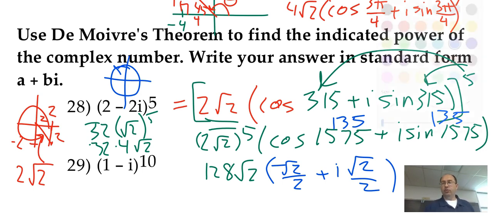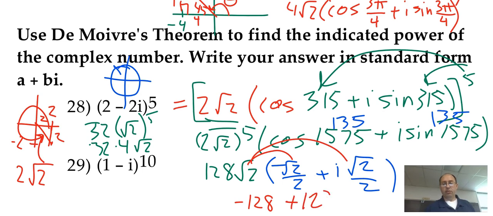Oh, yeah, the radical 2's cancel out and give me 2. So when I do that times that, that's going to cancel and give me what? What do I get when I multiply them together? I think I just get negative 128. Yeah, the 2 on the bottom cancels with those 2 radical 2's. Now when I take this times that, what happens? Positive 128i.